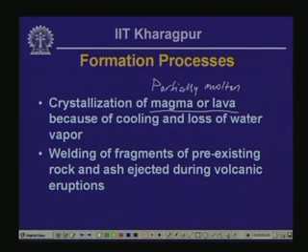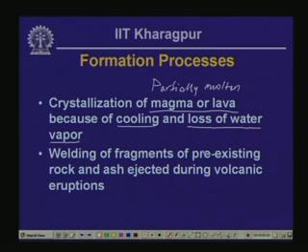Now, crystallization of magma and lava gives rise to the formation of volcanic rocks, and crystallization takes place primarily because of cooling, loss of temperature of magma or lava, and the second reason for crystallization is loss of water vapor that exists within the body of magma or lava. How does cooling take place?